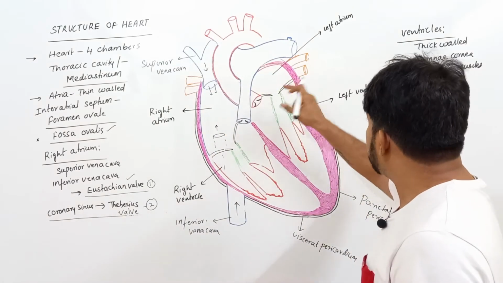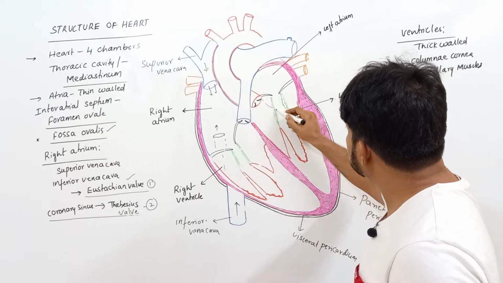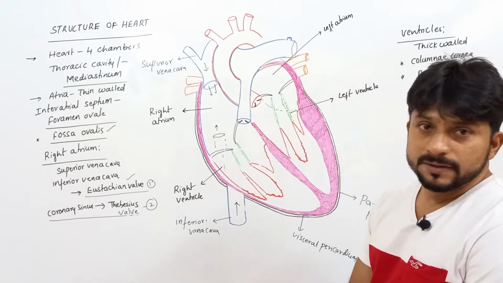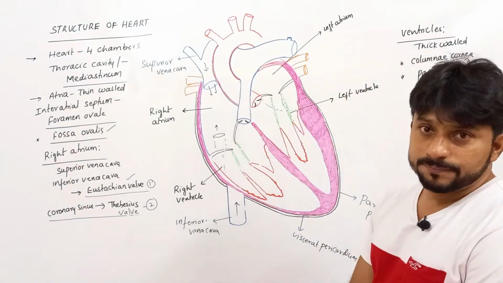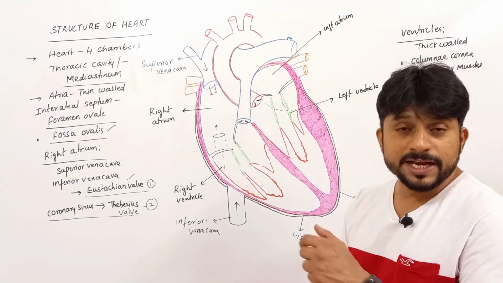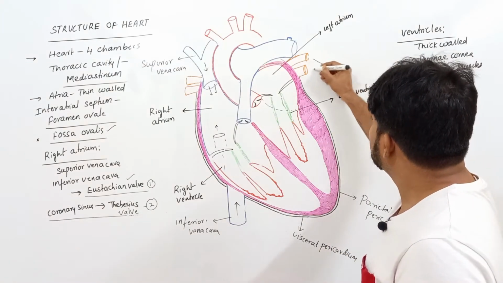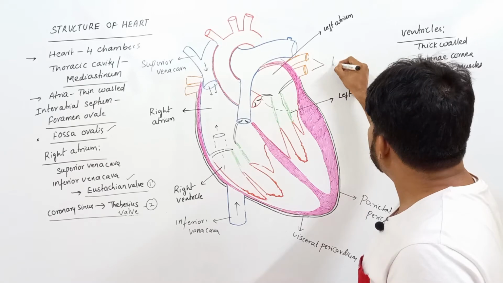Next, your left atrium. As I said, this entire part is your left atrium. Left atrium is smaller, and left atrium receives oxygenated blood from lungs with the help of pulmonary veins.